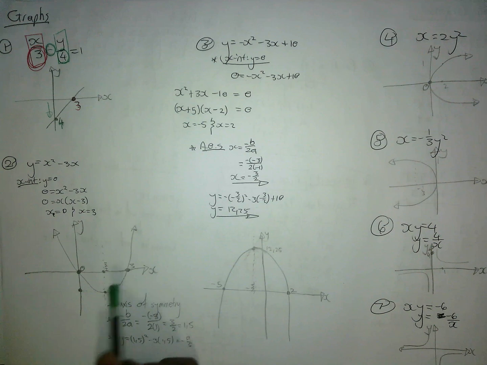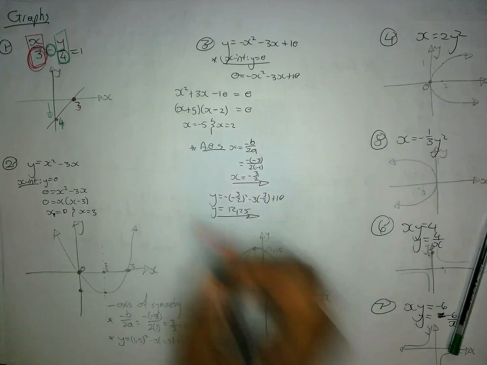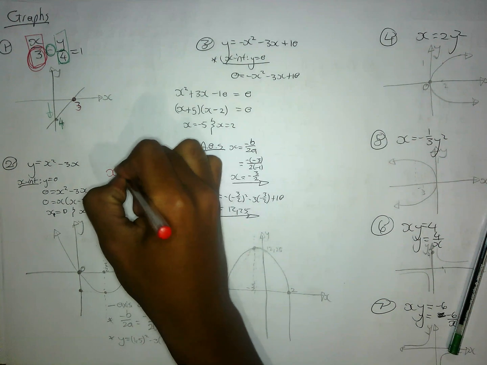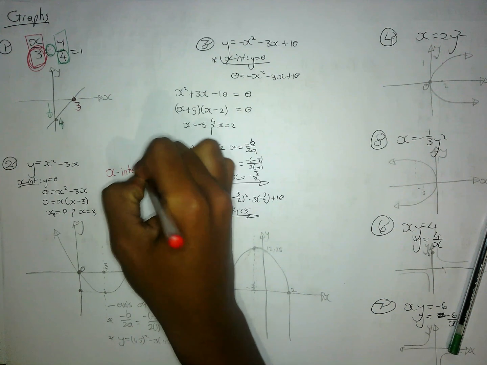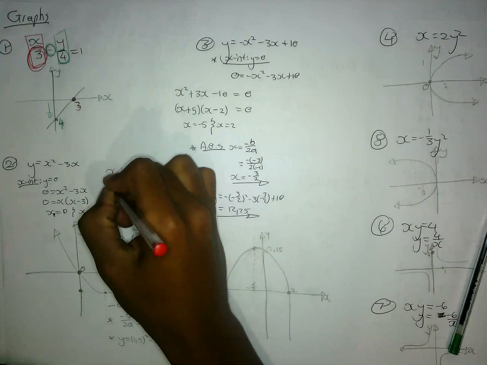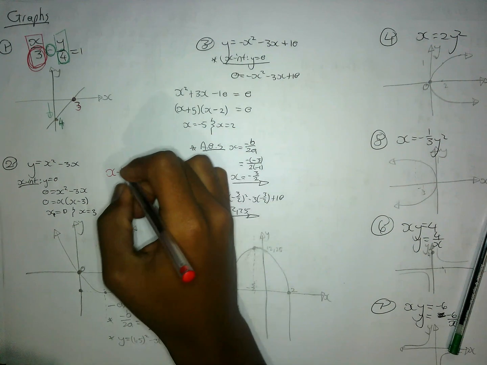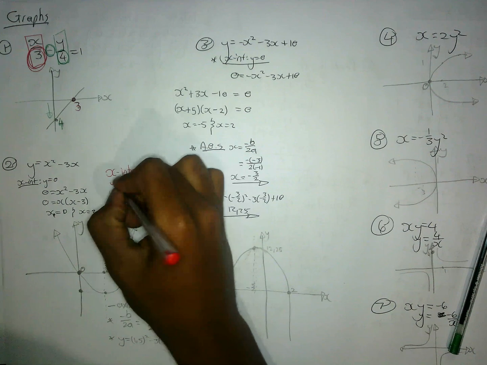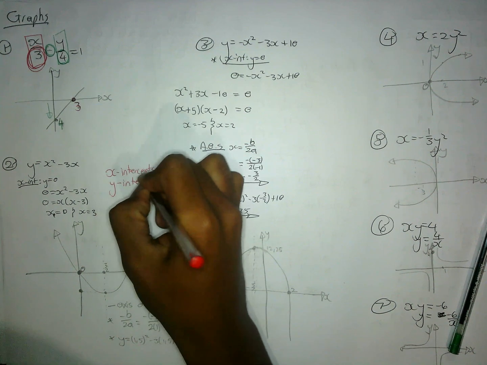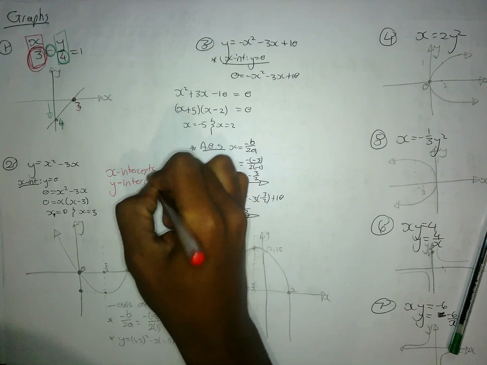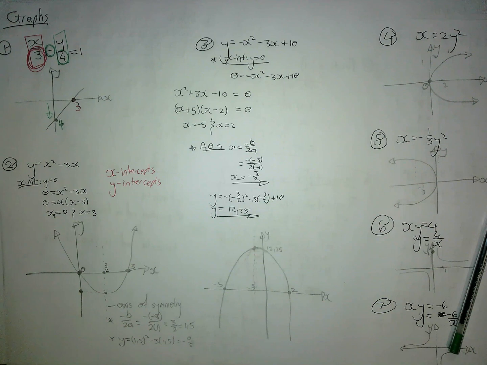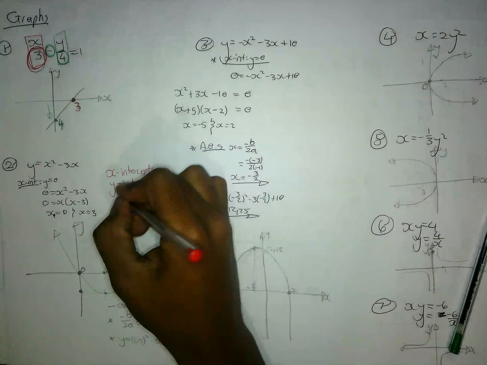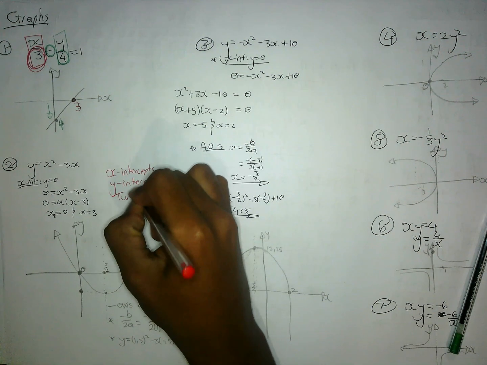To plot this graph, we need three things: the x-intercepts, the y-intercept, and does anyone know the last one? Turning point. Correct.